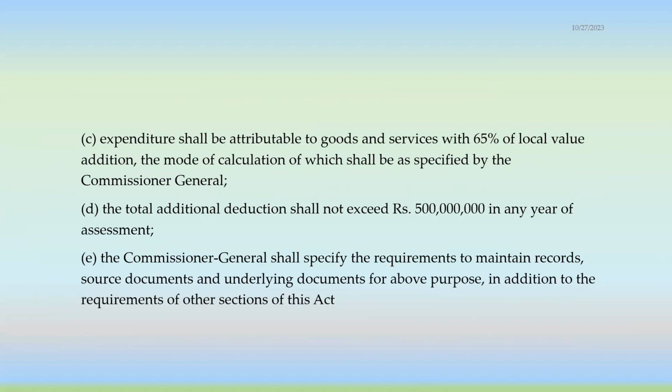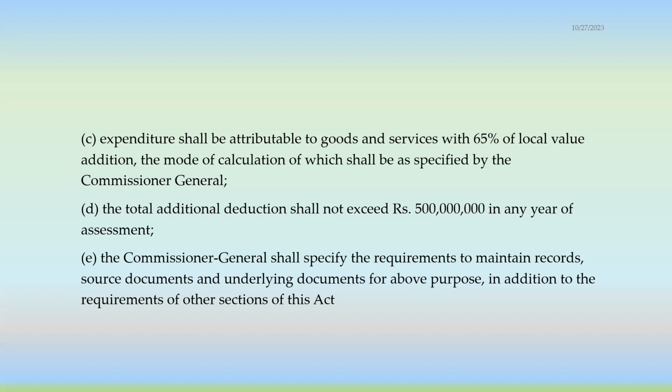Then the next condition is expenditure shall be attributable to goods and services with 65% of local value addition. That means to claim that 100% additional deduction, the goods or services relevant for that advertisement should have 65% of local value addition.